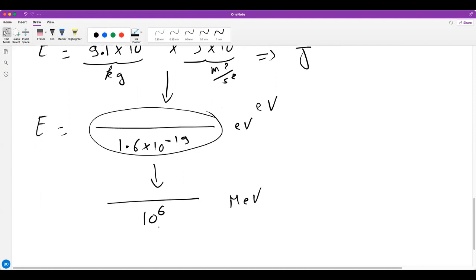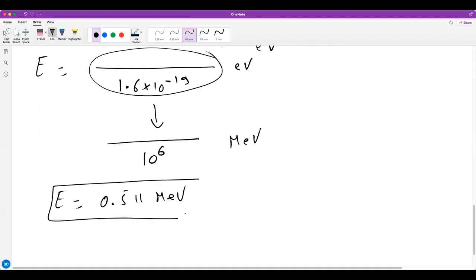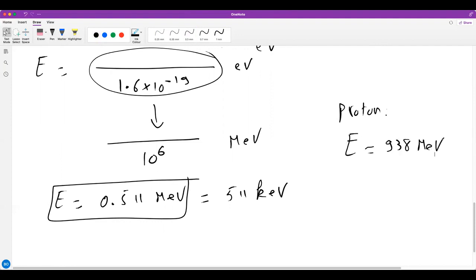If you do the calculation, you will see that the energy at rest of the electron is 0.511 MeV. This is a very famous quantity, or 511 keV. We can also calculate the energy at rest of the proton. You will see that the energy at rest is 938 MeV.